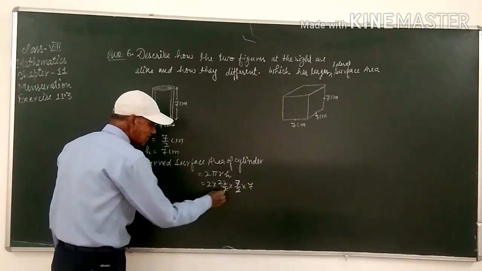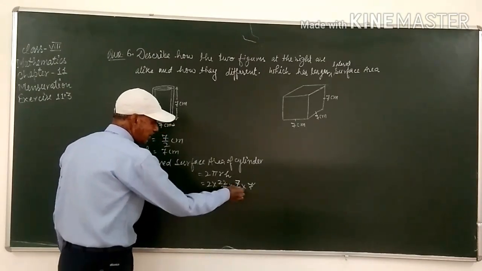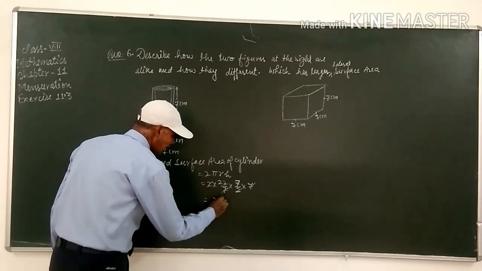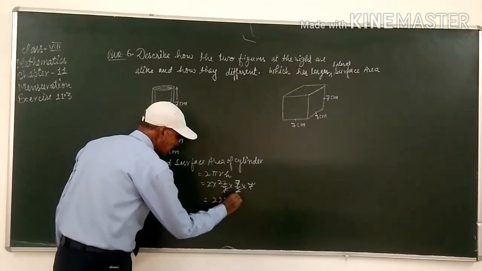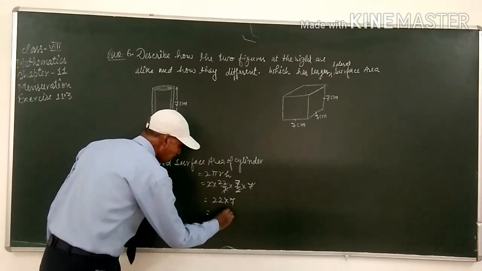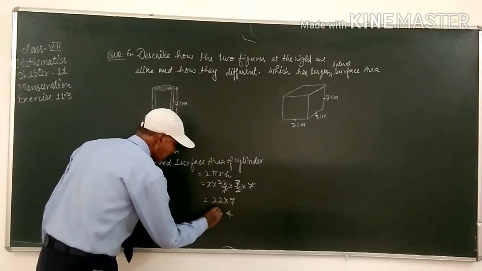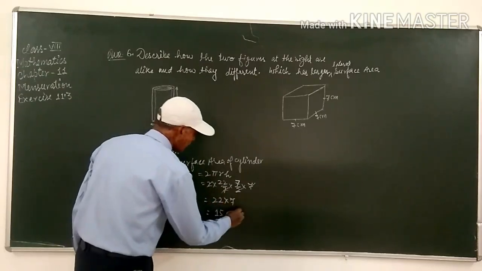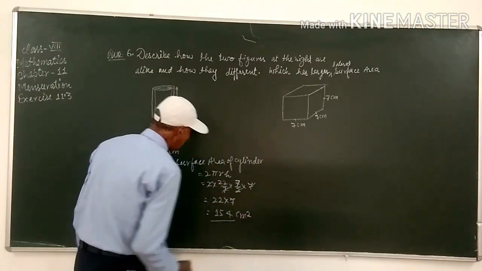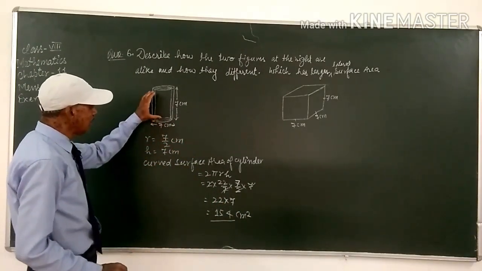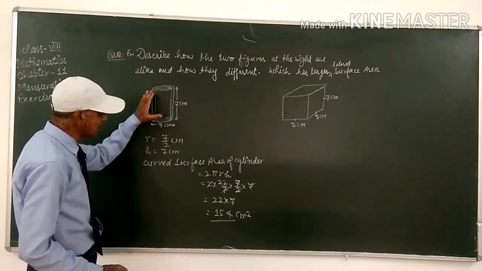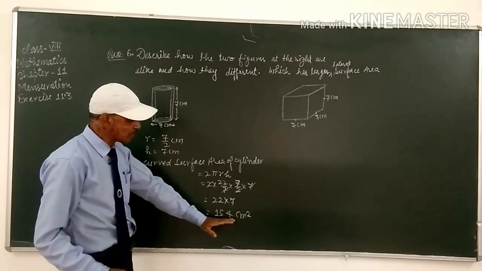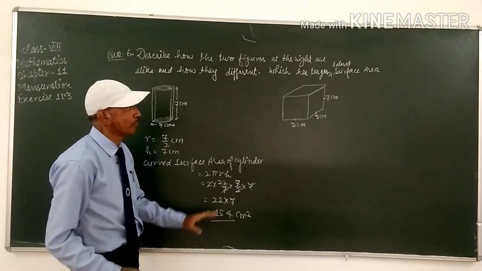So this 7 cancels and 2, this one cancels. So 22 into 7, that is 154. Lateral surface area or curved surface area of this cylindrical figure is 154 centimeter square or square centimeter.